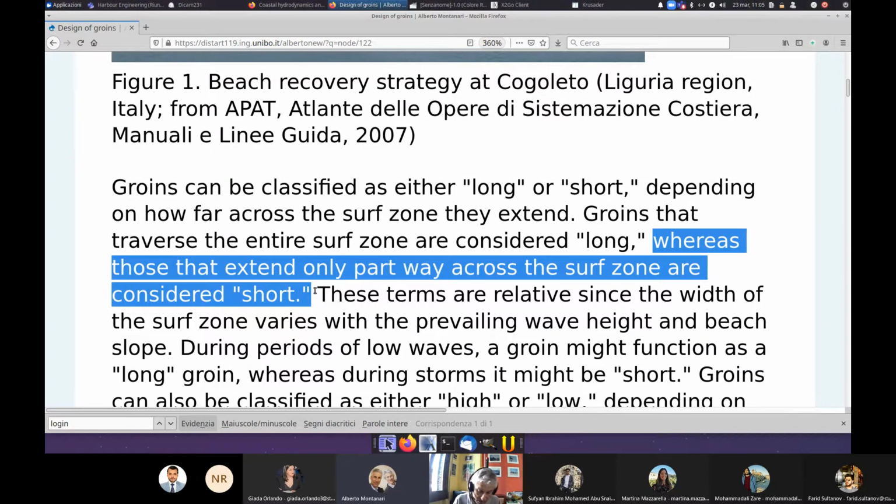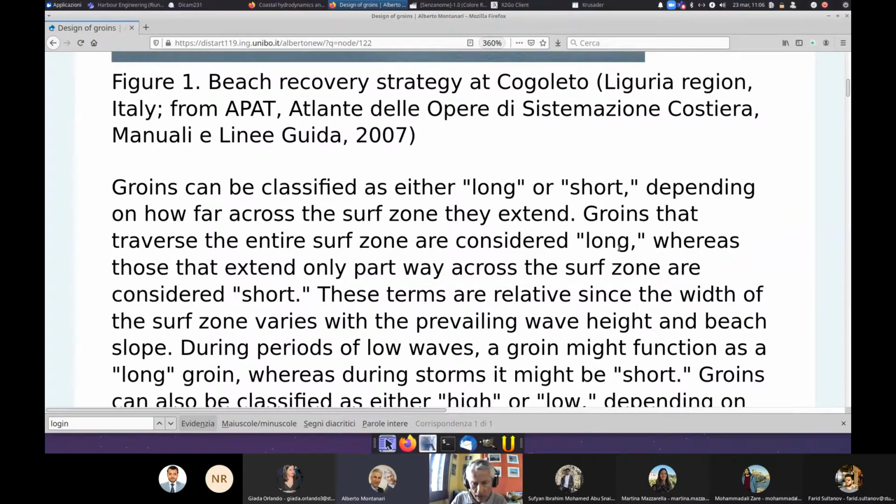Between the breaker line, because then they can use the energy that comes from the movement of mass of the water. After breaking, waves transform from a movement of energy to a movement of mass. So surfers can get fun from the movement of mass, but of course surfers cannot go to the swash zone, because in the swash zone they cannot navigate, they cannot surf.